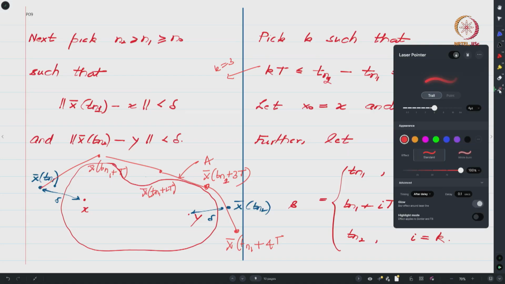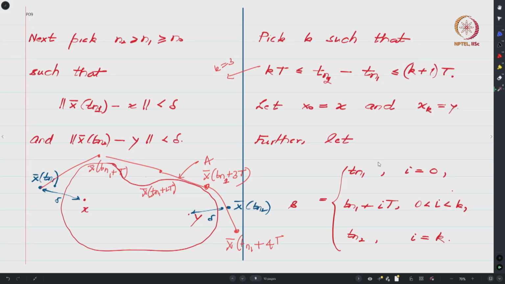And now with this in place, we are ready to pick your intermediate time instances as well as your intermediate points. So we are going to start here and let this point x be x naught, and this point y be xk. We are now going to choose some intermediate time instances.